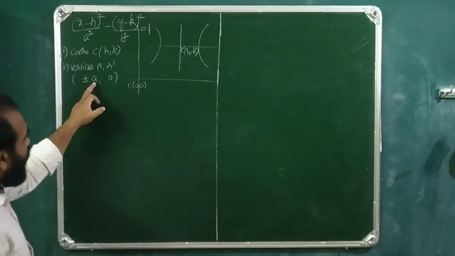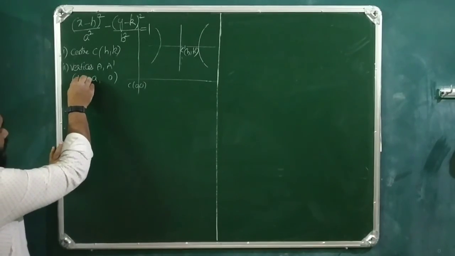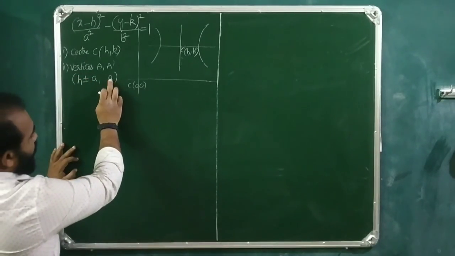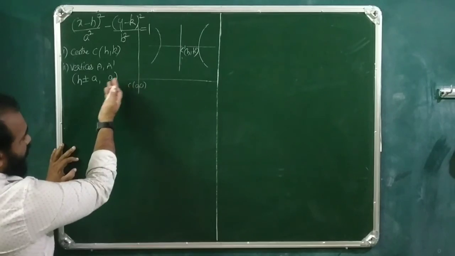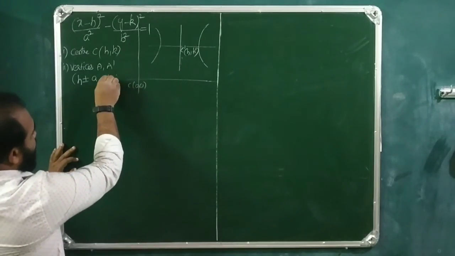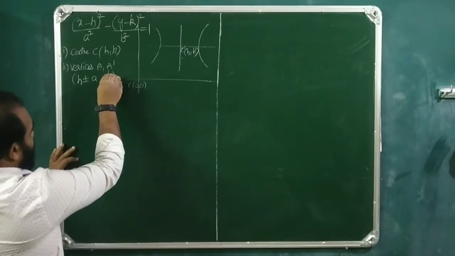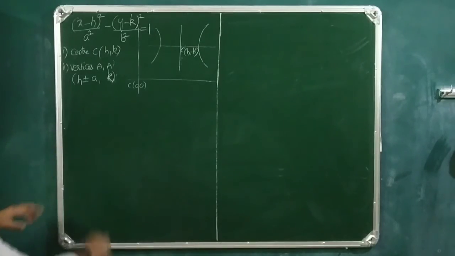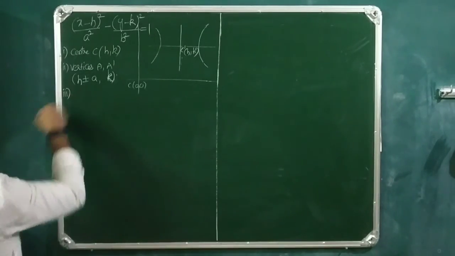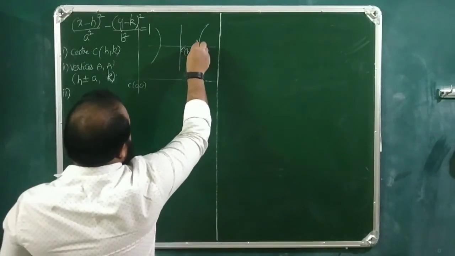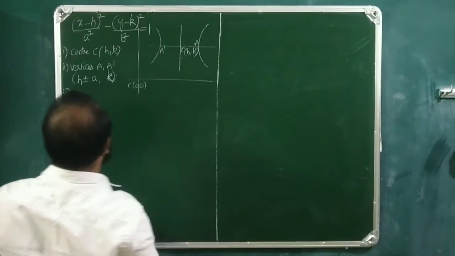With the x coordinate h is added, and with the y coordinate 0, k is added. So this is A dash.